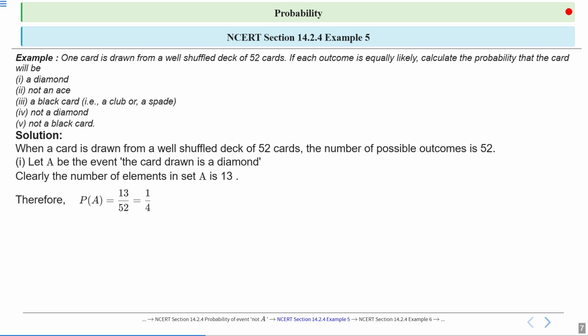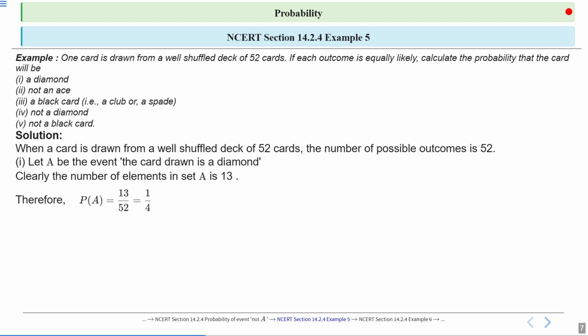And now, what is the probability of the event A? We have studied in the previous lecture that probability of A is equal to the number of outcomes favorable to the event divided by the number of total outcomes. So probability of A is equal to the number of elements in set A divided by the number of total possible outcomes. Here the number of elements inside A is 13 and the number of possible outcomes is 52.